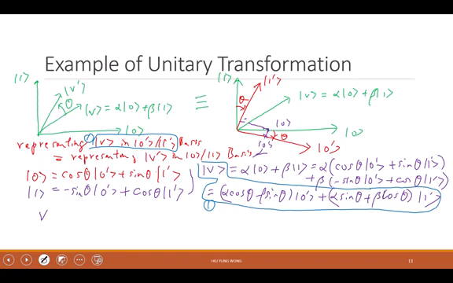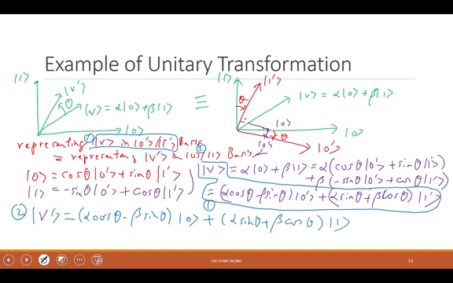Because of this, if I call this 2, then V dash in the old coordinate is the same: alpha cosine theta minus beta sine theta in the 0, plus alpha sine theta plus beta cosine theta in 1.